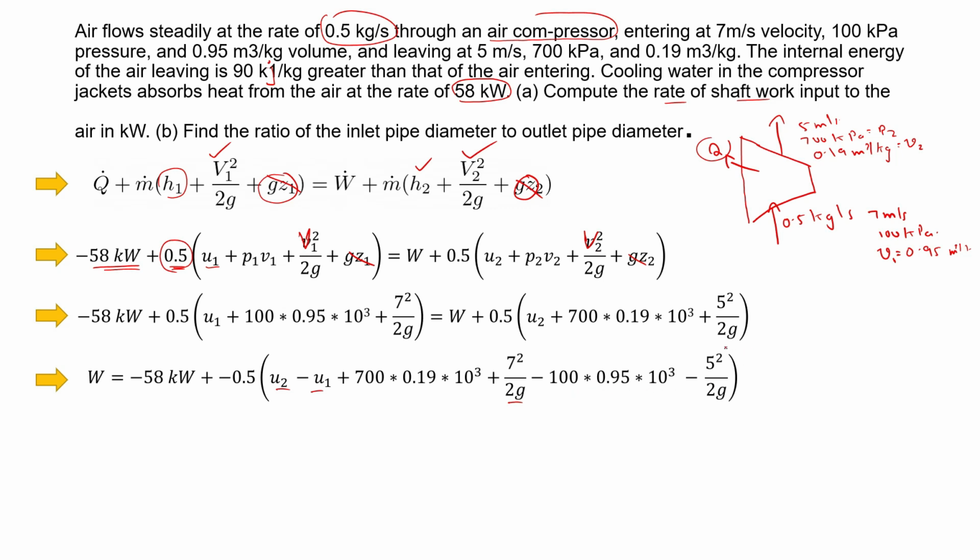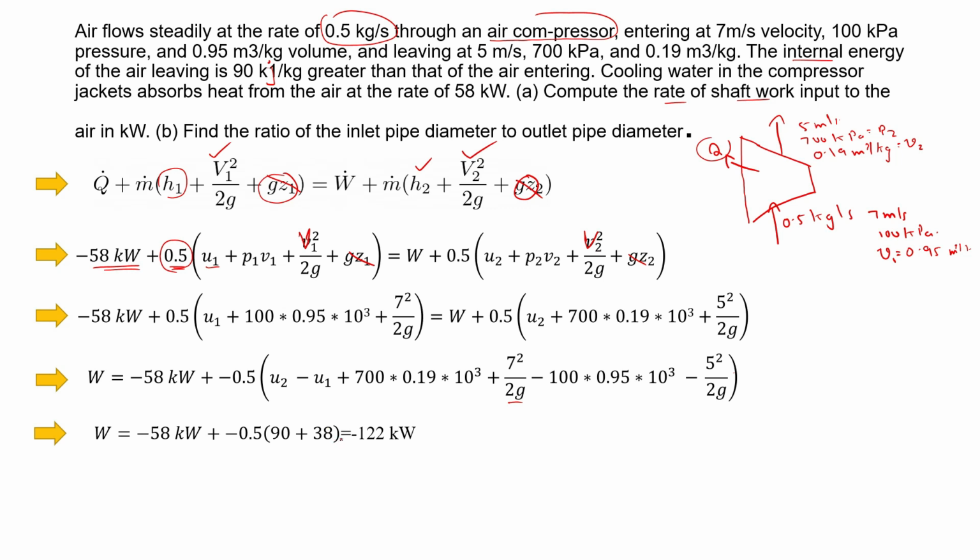In the question it is given that the internal energy of the air leaving is 90 kilojoule per kilogram greater than that of the air entering, so you can use that information here, that is 90.